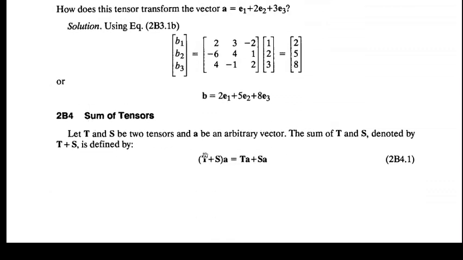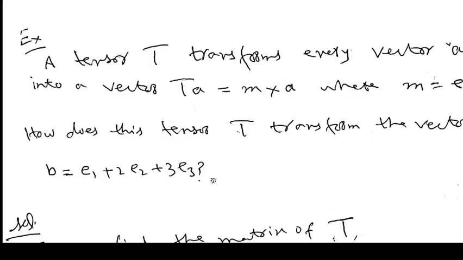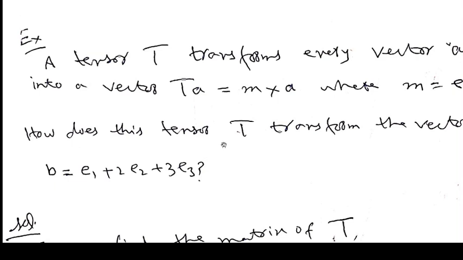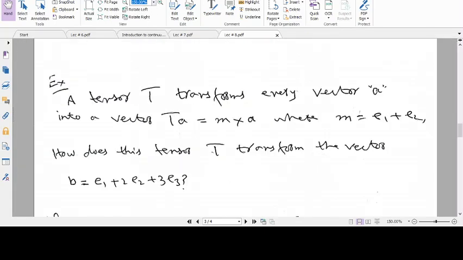Sum of tensors is not part of today's lecture. Now the second example for the components of a transformed vector.